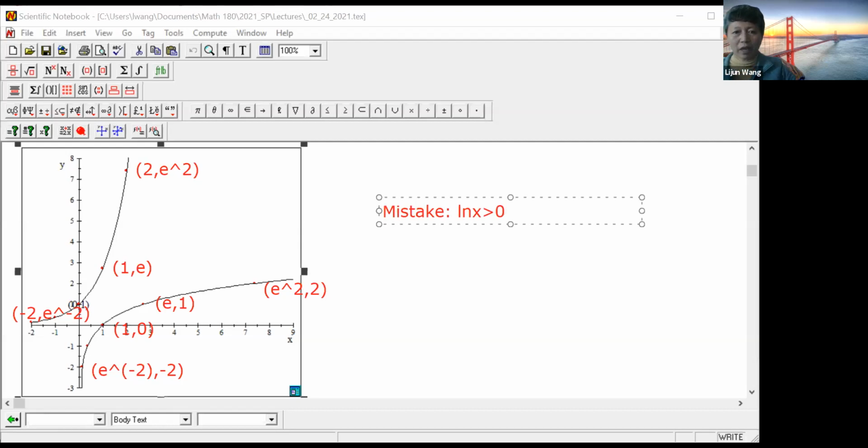Telling me the range of ln x is positive. I saw this so many times. So after you've done this graph, can you still make that mistake?